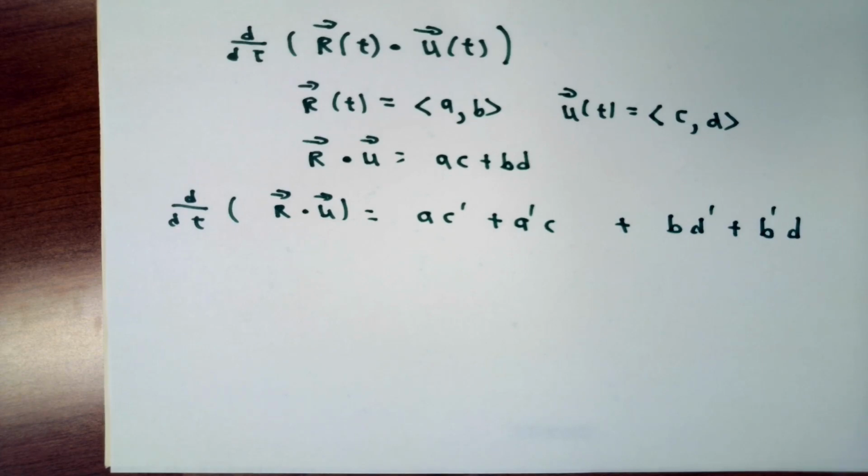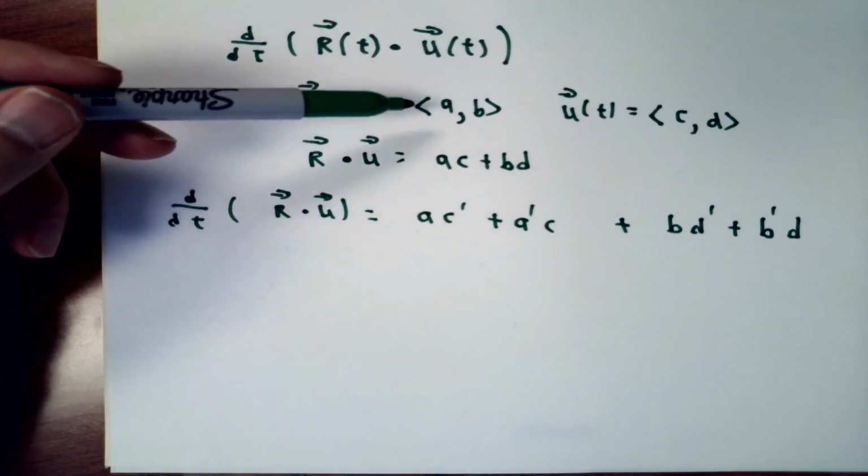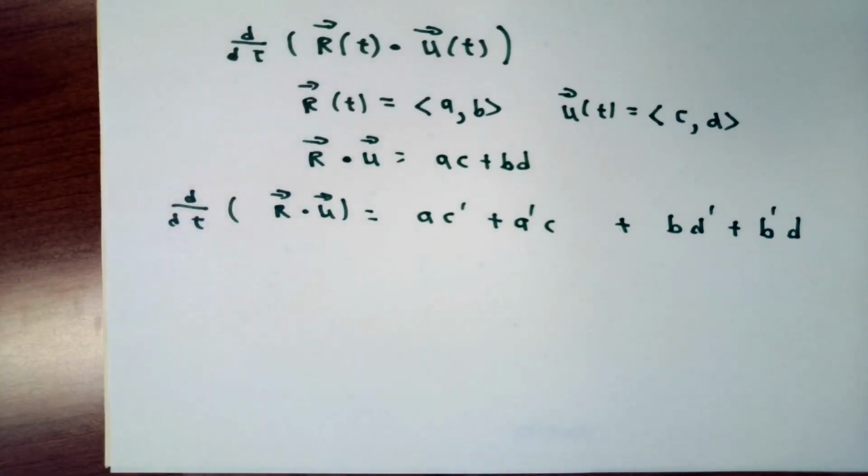Then the thing to observe is some of these terms that I've written down here have components of the original r and others don't. So we'll group things that are similar looking together.